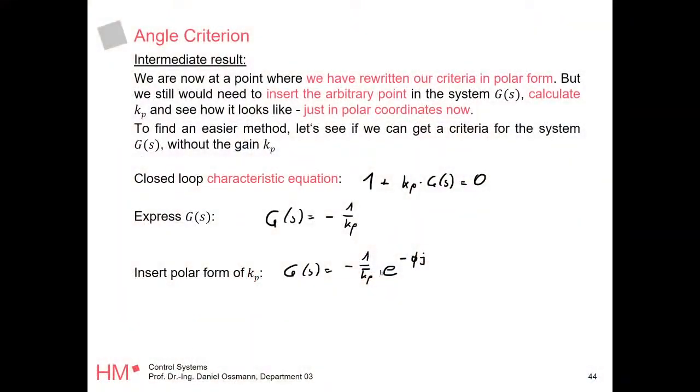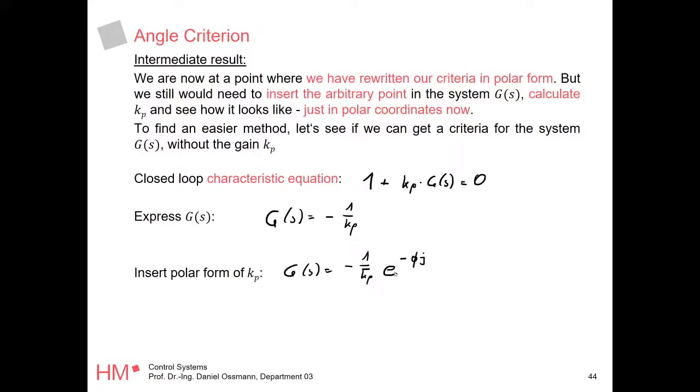Okay? And this is actually now crucial for understanding what we're going to do next. So instead of taking the point and inserting it into the characteristic equation and checking our Kp, we are deriving something where we only need to check G of s. We don't care about our gain anymore, because we now know what's actually standing there. Remember we said Kp needs to be real.